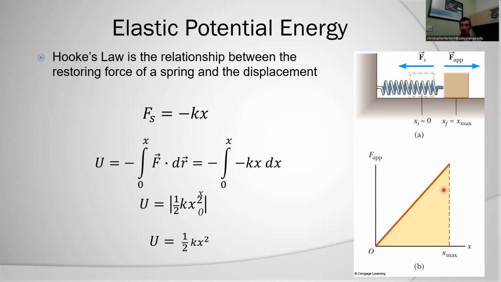The area underneath the graph, which is of course the integral, is the area of a triangle: 1/2 the base times the height. The base is x, the height is kx from Hooke's law, and 1/2 the base times the height gives me the same result.